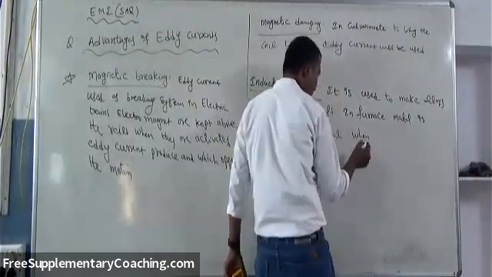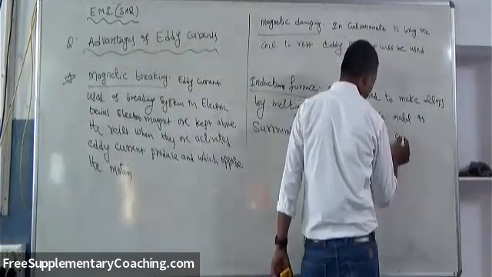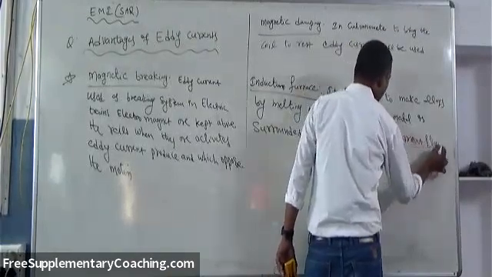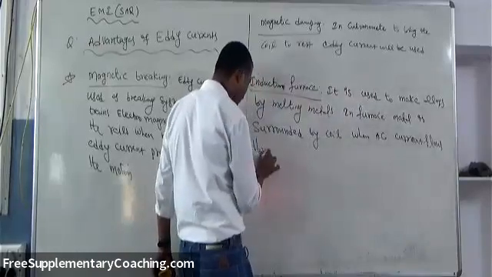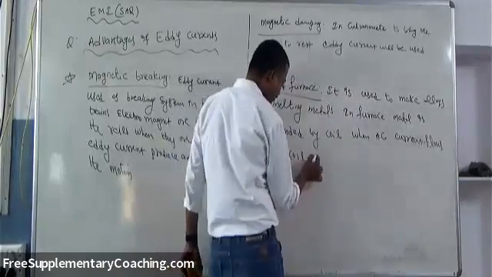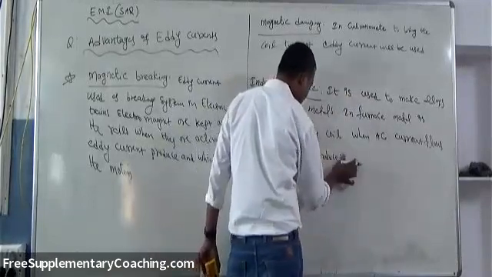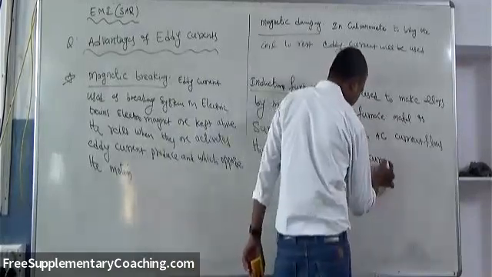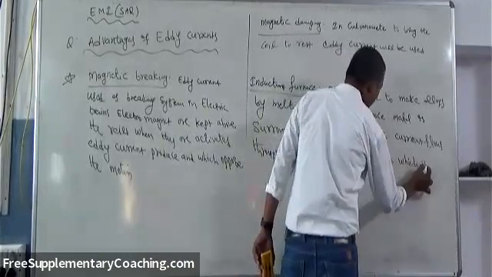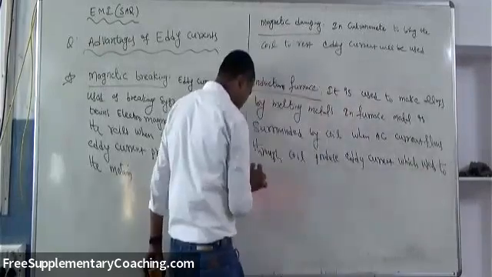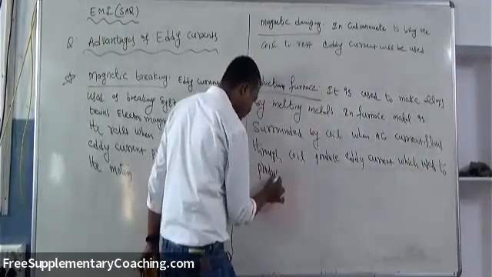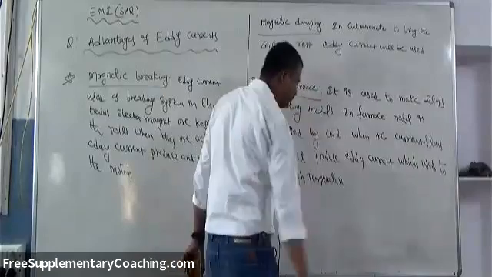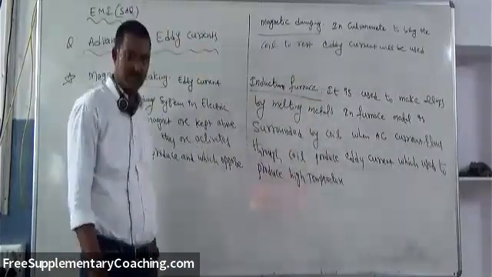When alternating current flows through the coil, it produces eddy current, and this is used to produce high temperature. Okay, this is the induction furnace.